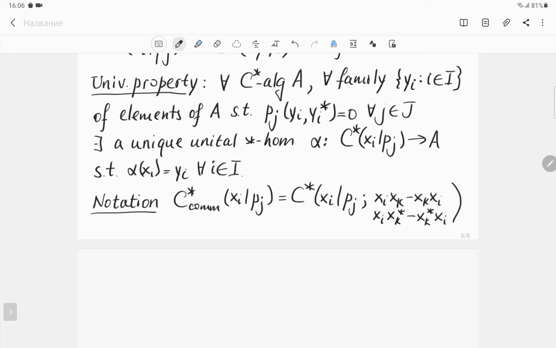And it easily follows from the definition that this universal commutative C-star algebra has a similar universal property, but now only in the category of commutative C-star algebras.